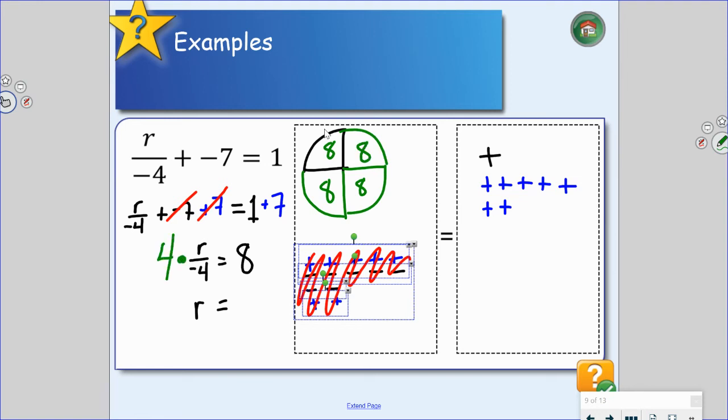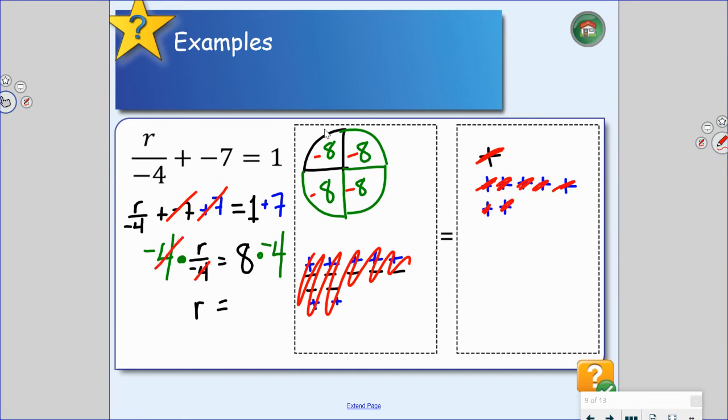We need 4 parts to make the whole. Oh, no, no, no, no, no. See, that would give us the opposite of R. That's no good. So instead of just multiplying by 4, you guessed it, we're going to multiply by the opposite of 4. Every one of those 8s will change because we had to take the opposite of all those pluses.